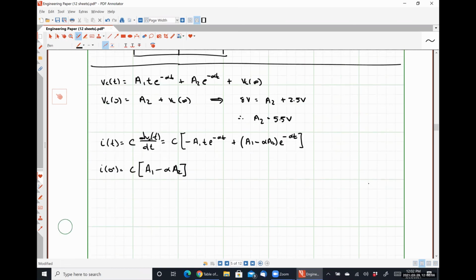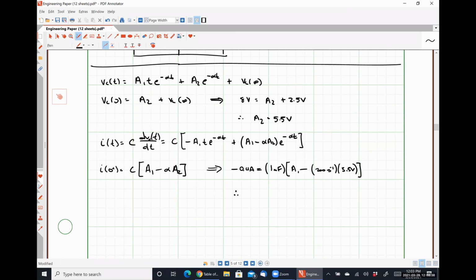So, based on what we have here, I at 0 plus, which is negative 0.4 amps, is equal to C, which was 1 millifarad, times A1, which we do not know, minus alpha, which was 200 per second, times A2, 5.5 volts.